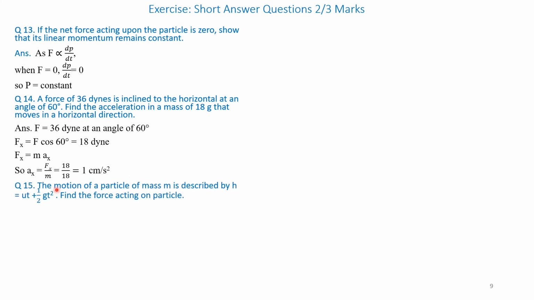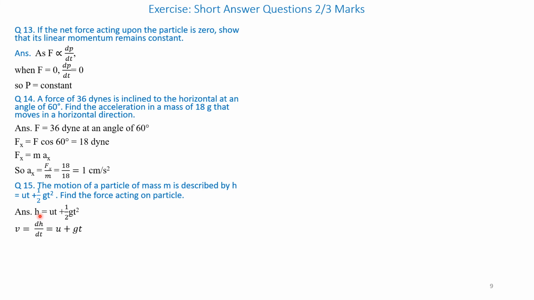Next question. The motion of a particle of mass m is described by the equation h is equal to ut plus half gt square. Find the force acting on the particle. It is given h is equal to ut plus half gt square.